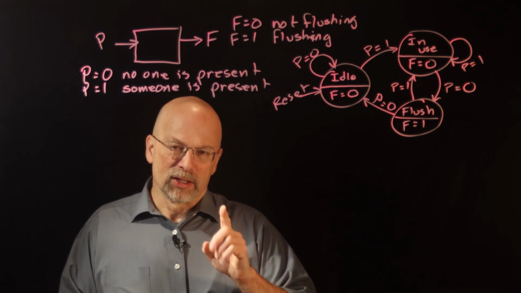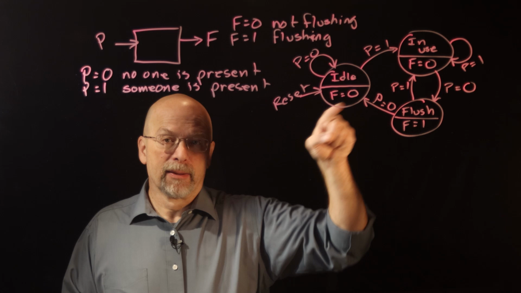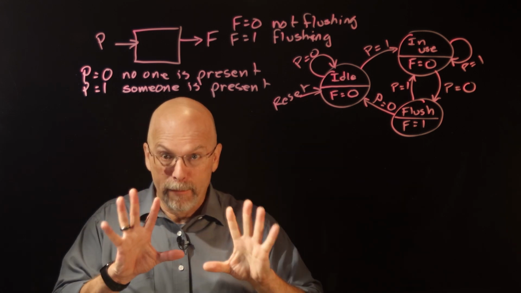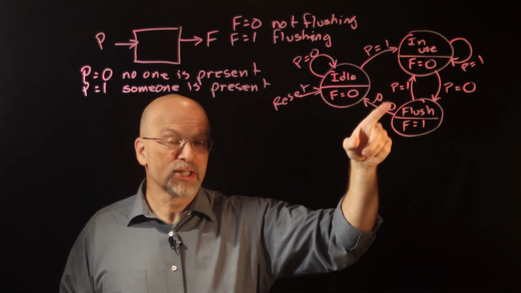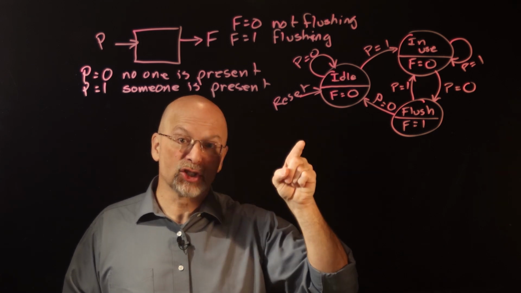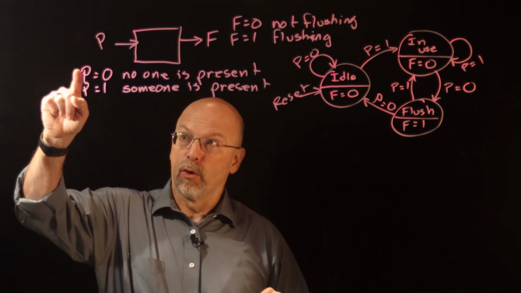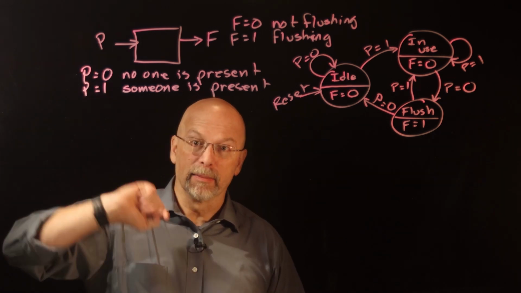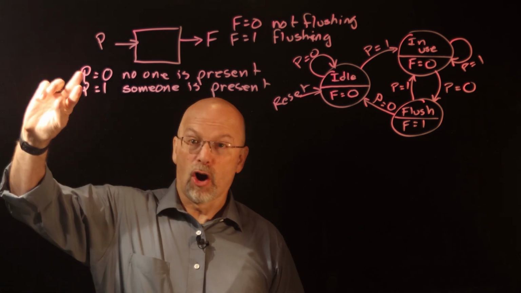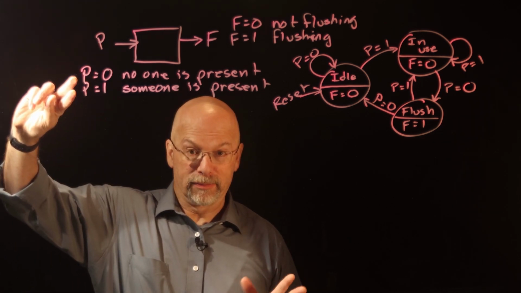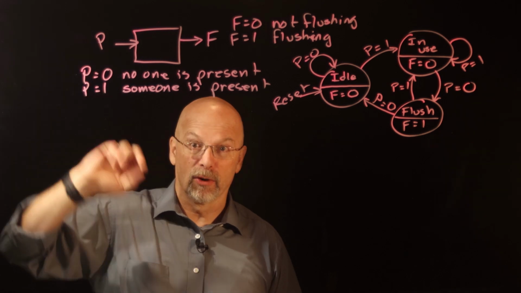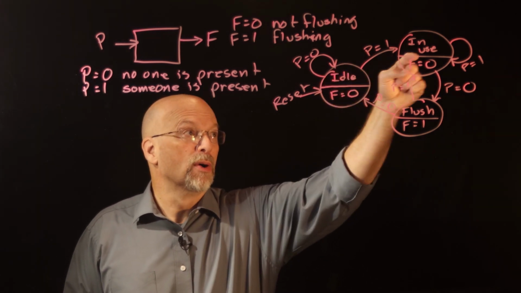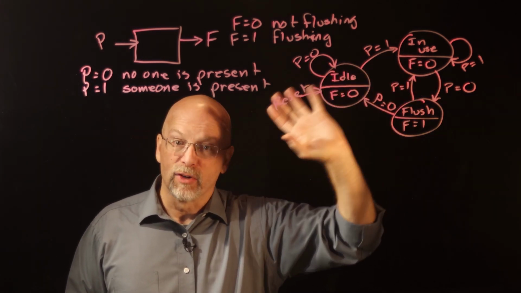The first one is that every single state, and this is for a Moore machine, must have a transition, an edge out of it for all of the possible input values. So if the inputs can be P equals 0 or P equals 1, there needs to be a P equals 0 and a P equals 1 out of every single state.